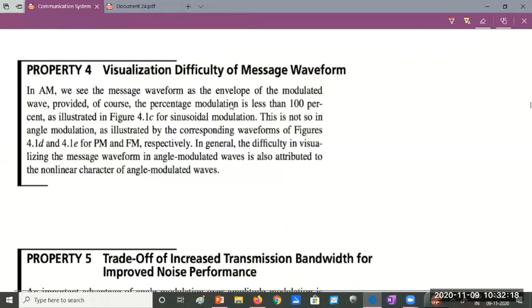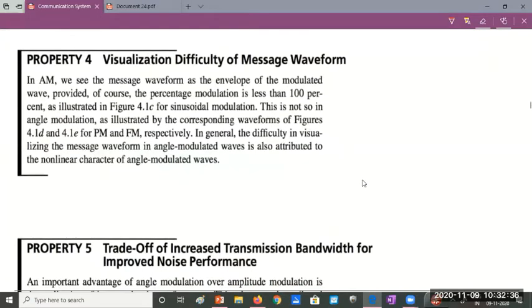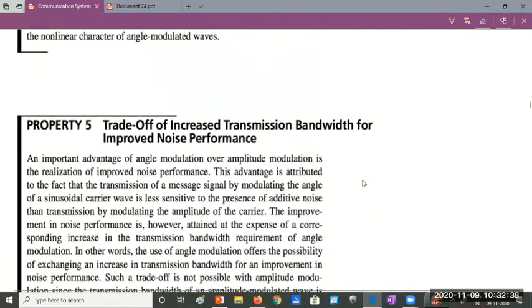But for phase modulation, you should differentiate the message and then draw the frequency modulated signal of that differentiated message. That would give you phase modulation. So it's not very easy for us to visualize the message waveform in angle modulated signals.